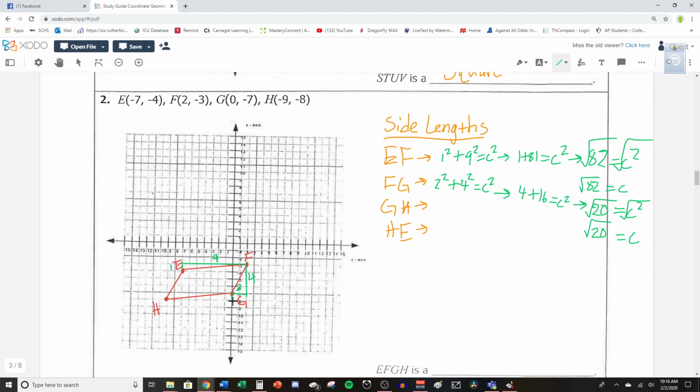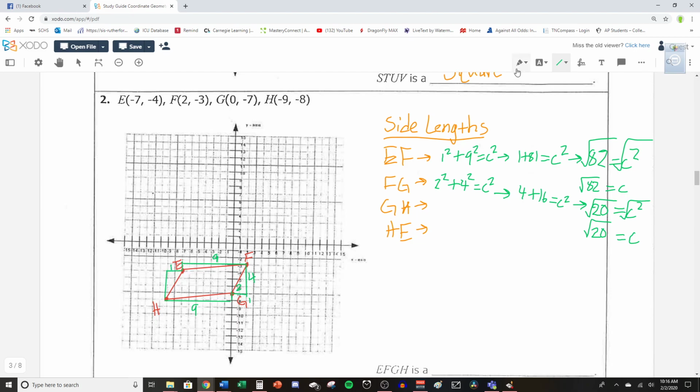This is down 1 over, and that's going to be 1 and 1, 2, 3, 4, 5, 6, 7, 8, 9. So that's 9. Let's grab the other side lengths. We go up, up and to the right.